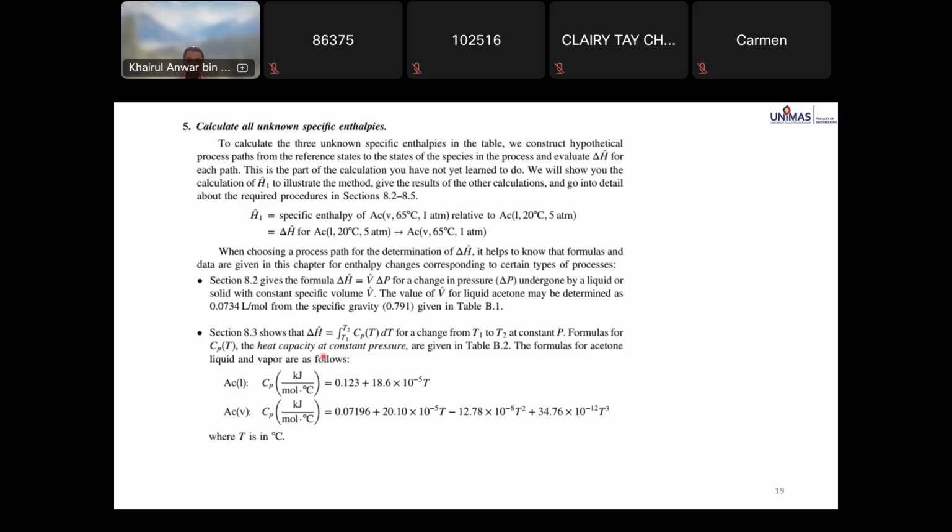So for Cp of acetone liquid, the value is until B. If you see page 635, there are two forms of Cp: A plus BT plus CT square plus DT cube, or A plus BT plus CT square.